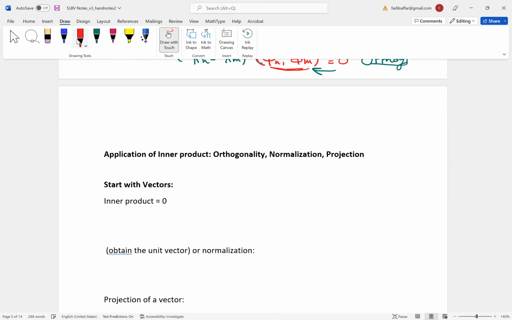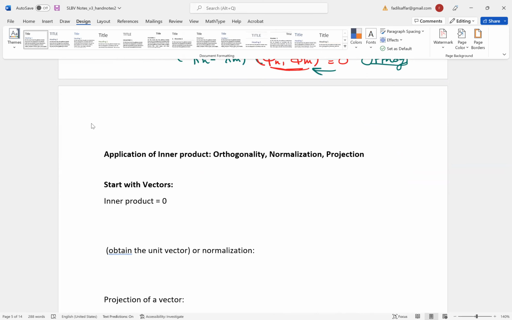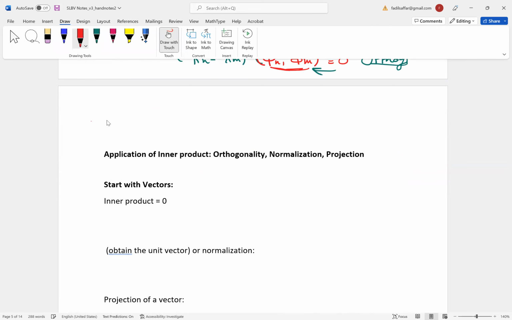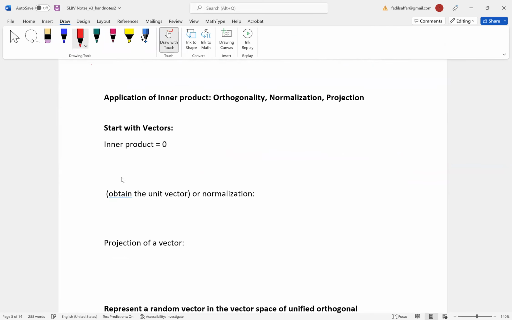We'll speak first about the application of the inner product for vectors, and then the application of that inner product to functions. Whenever we have two vectors and the inner product of these vectors is 0, that means that these two vectors are perpendicular.